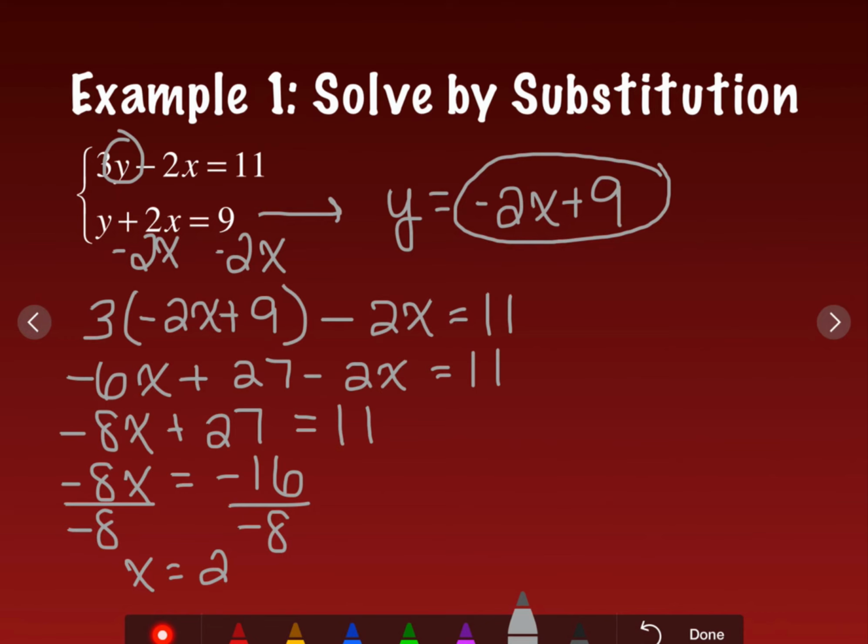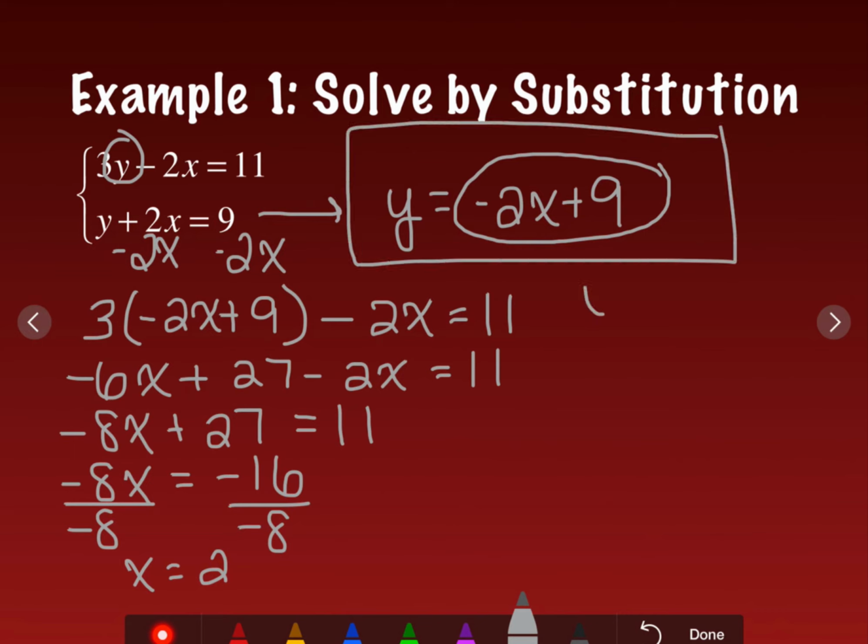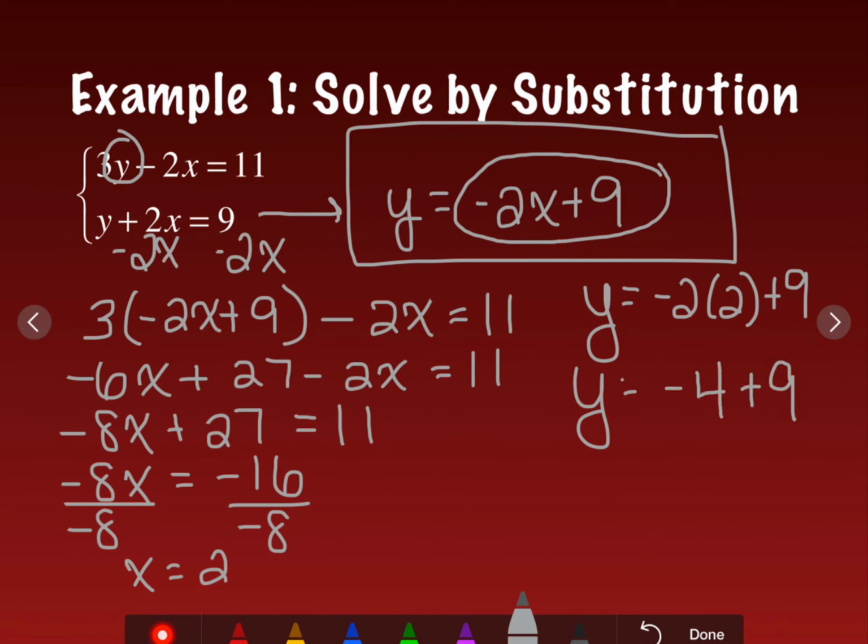I now need to go back and find the value for y. So I'm going to go back to this equation that I rewrote. y is equal to negative 2 times 2 plus 9, so y is equal to 5. So my solution here is the ordered pair 2, 5.